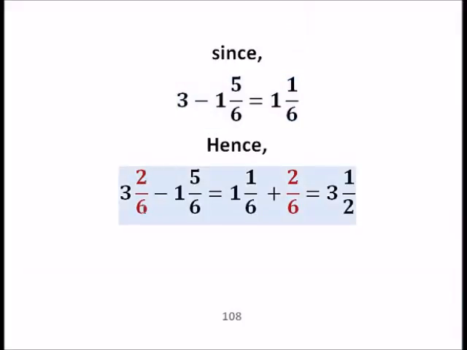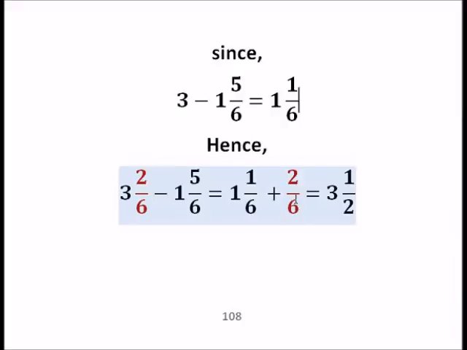3 and 2/6 is more than what we had before. So if you're subtracting 1 and 5/6, you're going to have the same answer as before, but you're going to have 2/6 more because you started with 2/6 higher on top. And so the answer is, it looks like there's an error here.